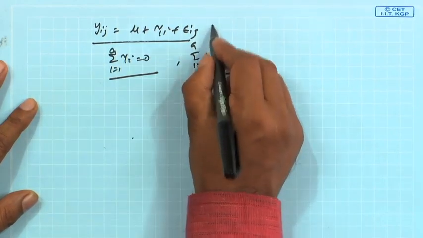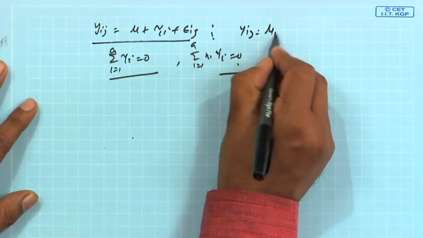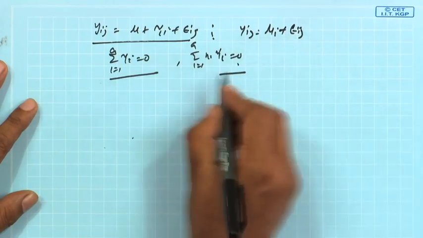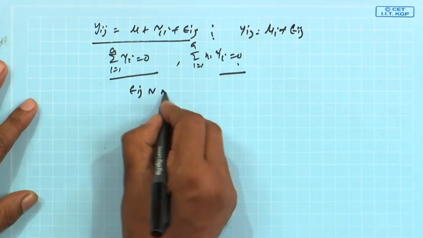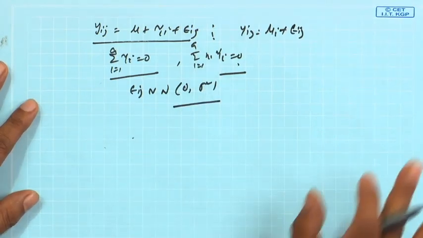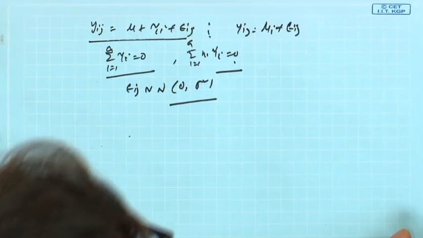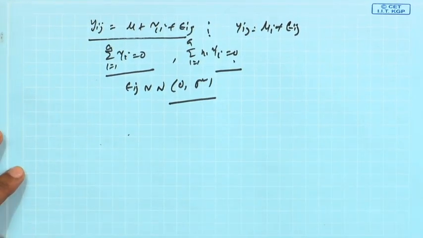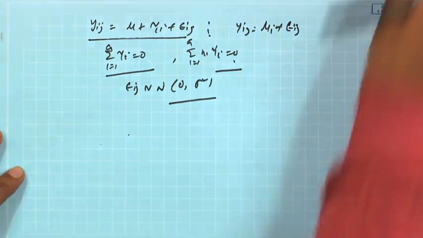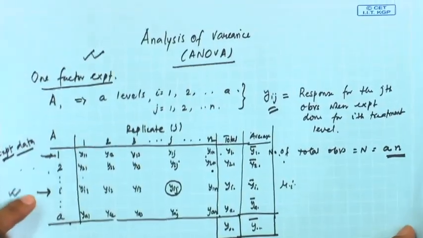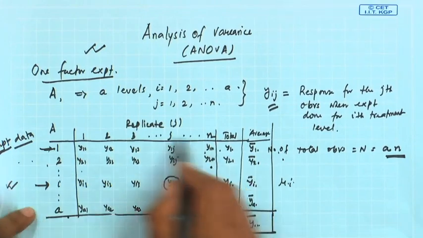This you can also write like this, y i j equal to mu i plus epsilon i j, and epsilon i j is normally distributed with 0 and sigma square. That is what we have learned so far. Okay. So, now come to the point that you have done the experiment. Once you have done the experiment, you will get this kind of data.